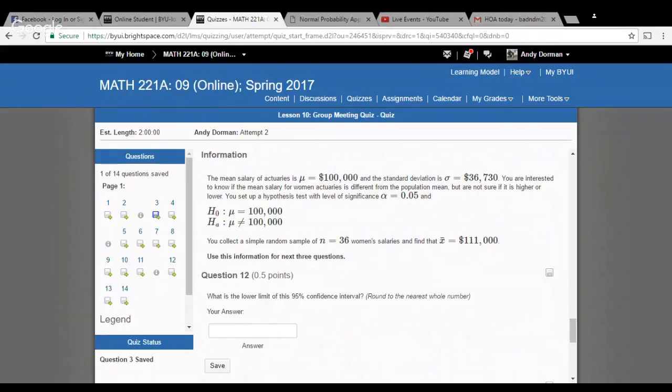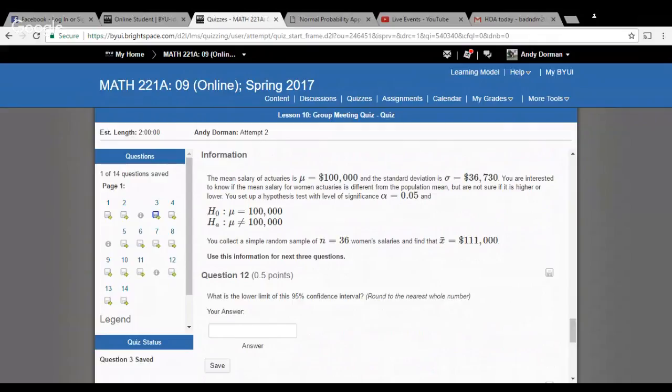Okay, this area here I actually missed, these last couple of questions. It's very clearly here. Okay, so the information is mu is equal to 100,000. Then we have a standard deviation for mu of 36,730. You want to know if the mean salary is higher or lower?